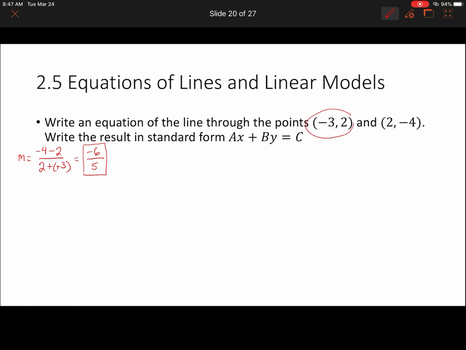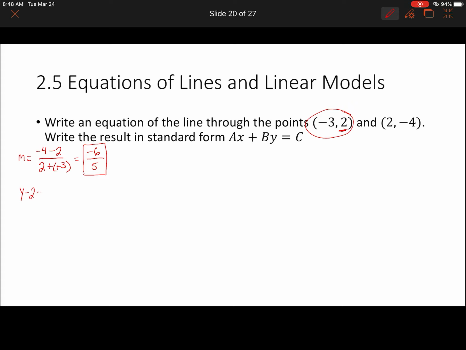And now we're going to take one of the points, again, it doesn't matter which one, and write our equation. Again, I'm going to choose the first one. The numbers are a little bit smaller because you have the negative 3 instead of a negative 4. So I'm going to use that point.